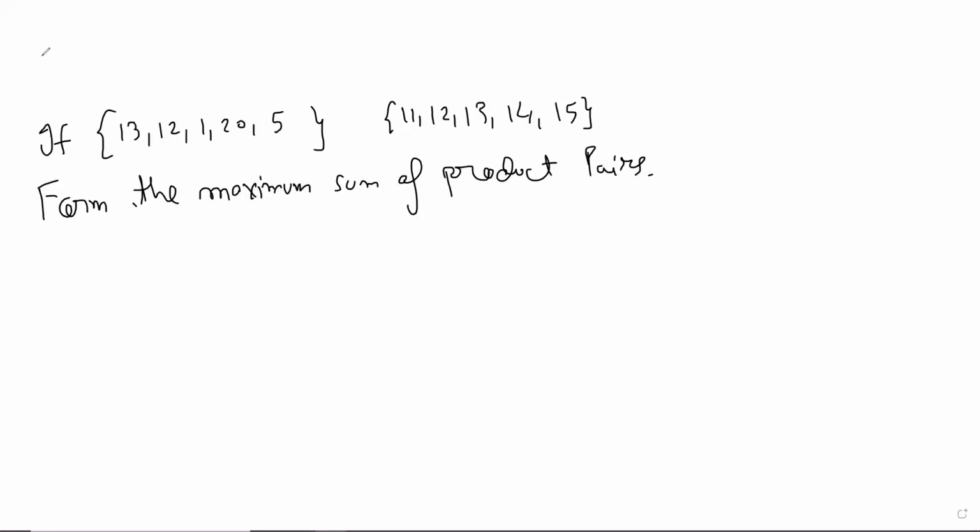So this is maximizing, this can also be said as maximizing something called the dot product. It has a geometric meaning, but it means maximizing the sum of pairwise products, whatever corresponding.